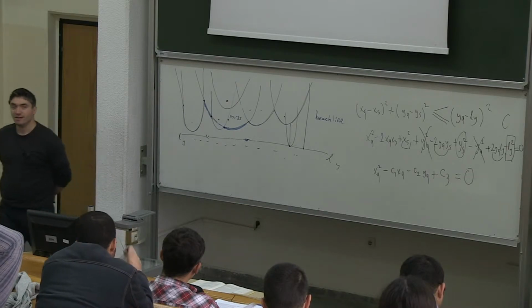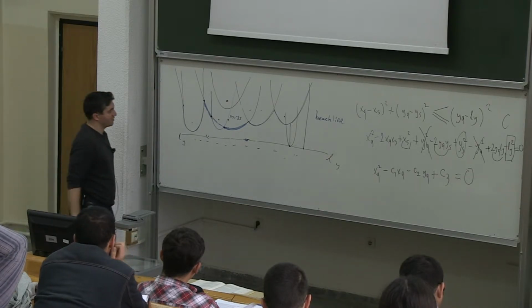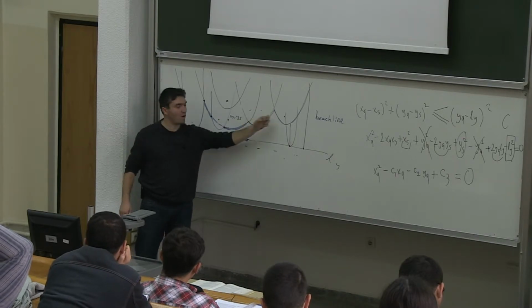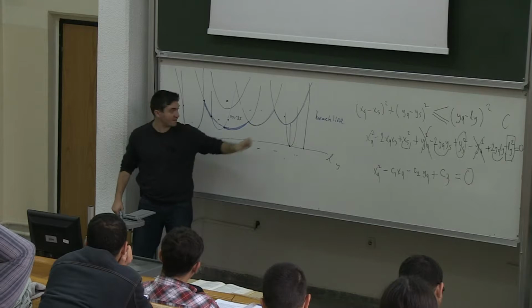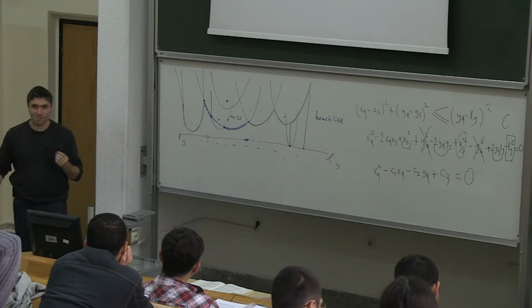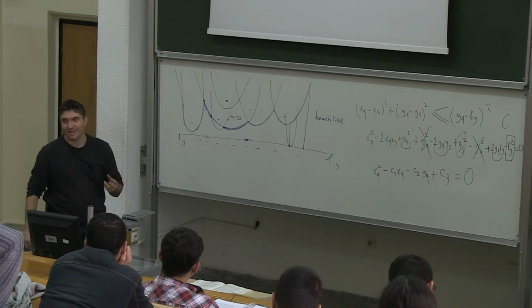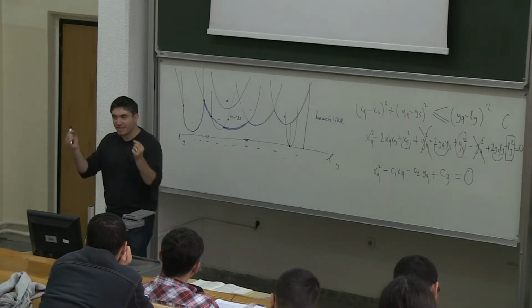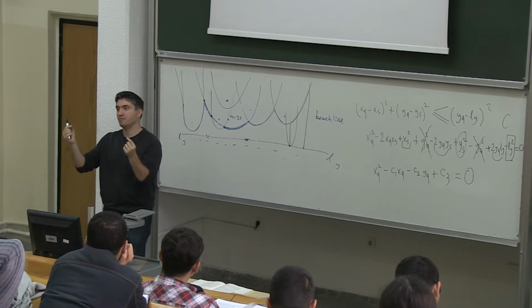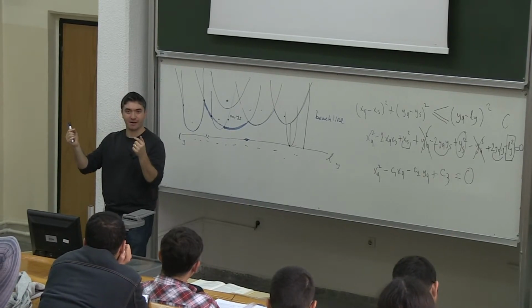Now, here I mentioned the term breakpoint, the point where two arcs intersect. There's a very important property of this breakpoint, which is that it is equidistant to two sides, right? So think about the Voronoi diagram.